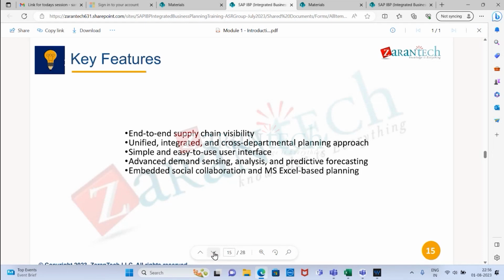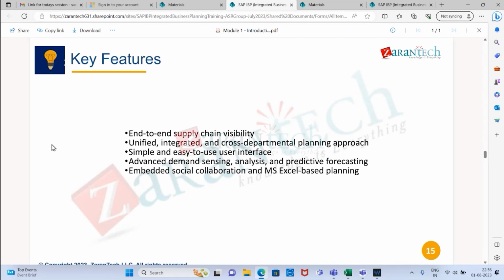At the same time, it also gives you visibility of other KPIs. For example, OTIF. Do you know what is OTIF? Is it on time in full? Yeah, absolutely correct. It's on time in full. So this is basically the delivery KPI parameter.